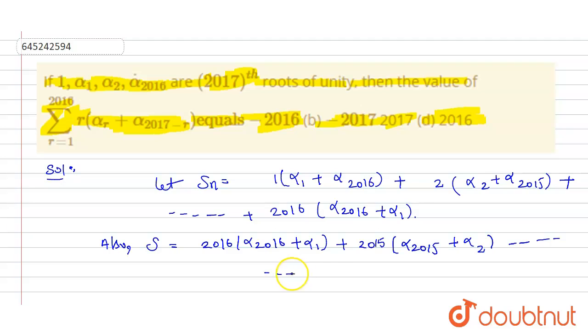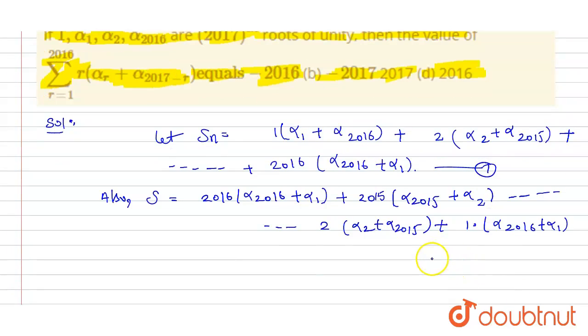We will get it like this: twice of (alpha 2 plus alpha 2015) plus 1 dot (alpha 2016 plus alpha 1). So let this be equation number 1 and let this be equation number 2. Okay, so writing in reverse order, we get this. We just write the S in the reverse order.